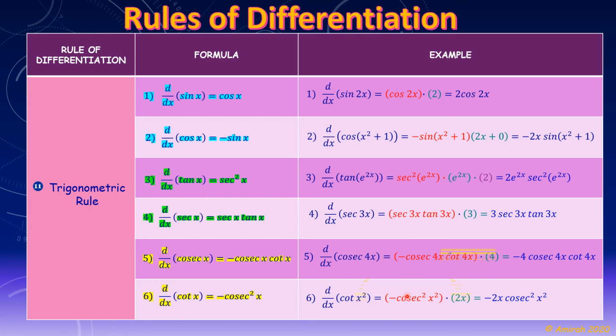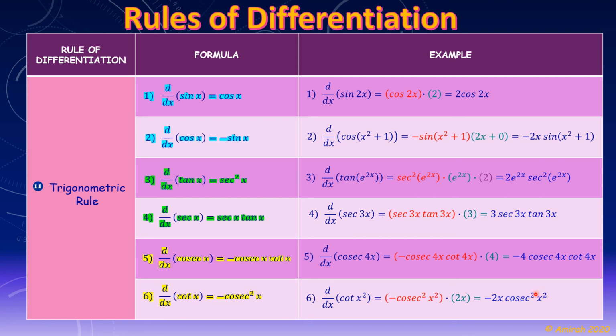So from here, we can move 2x to the front. We cannot multiply 2x by x squared because x squared is a composite function with cosec squared. So the best way is we bring 2x to the front.